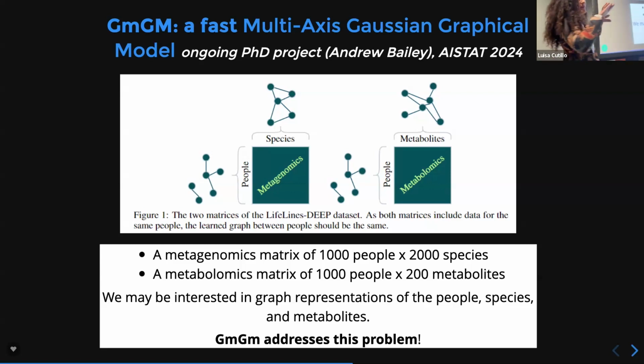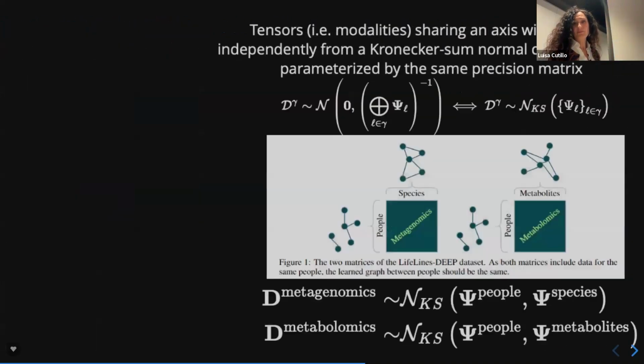So if you separate these two problems and you apply any of the methodologies we've been talking about so far, you will end up with different graphs for the people. But actually, those are the same people. So you want a model that estimates those graphs, people, species, and metabolites, at the same time in the same model. And that's what we do.